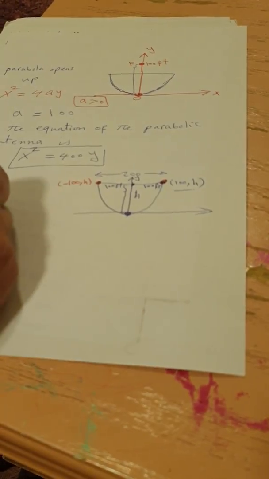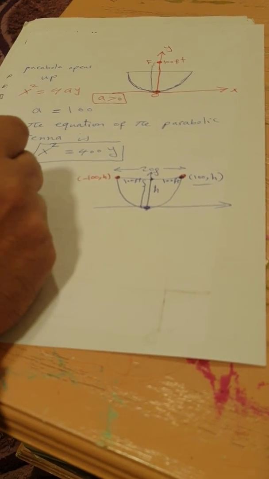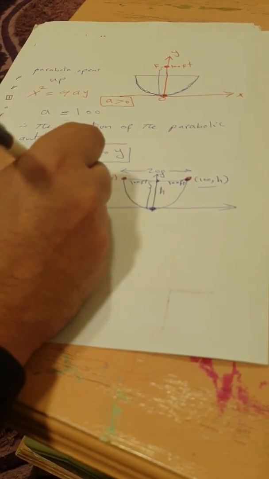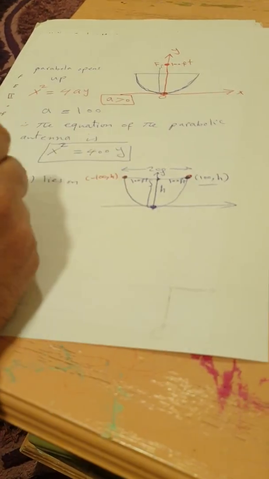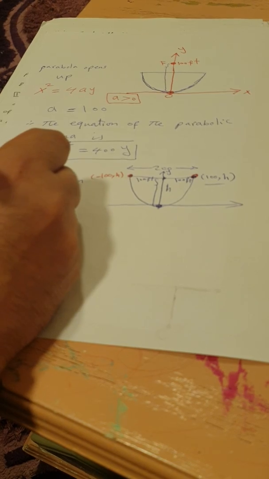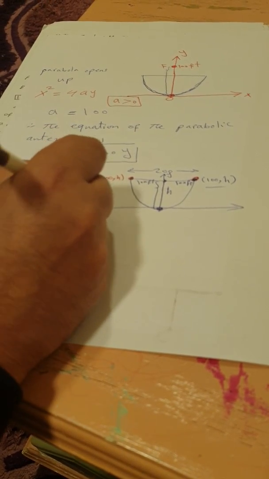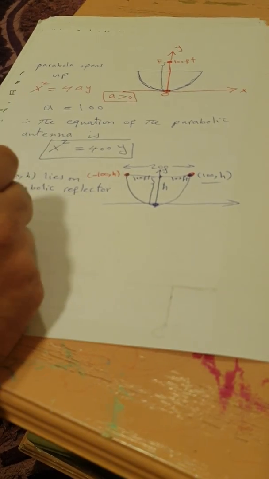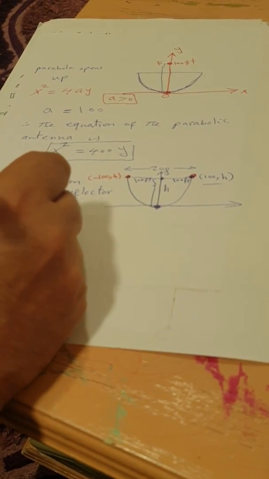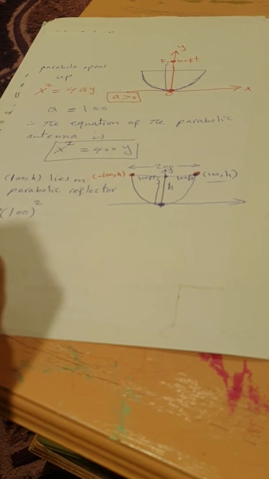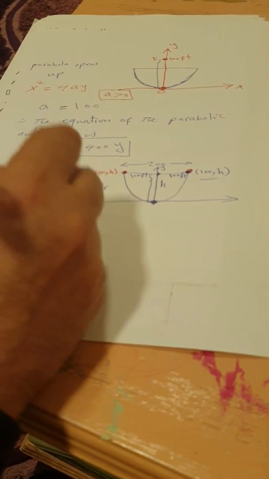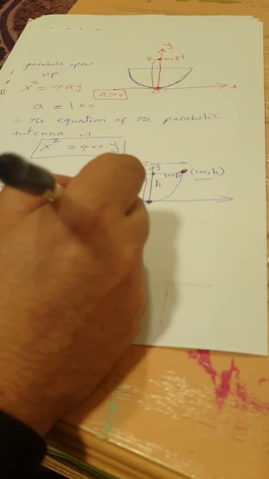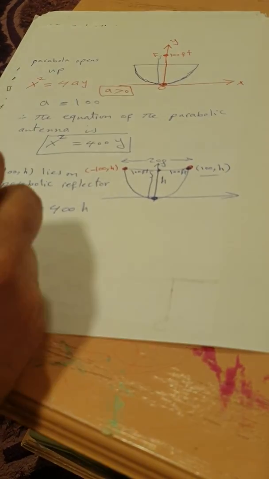For example, we say that since the point 100 and h lies on the parabolic reflector, this implies that 100 squared equals 400 multiply h.